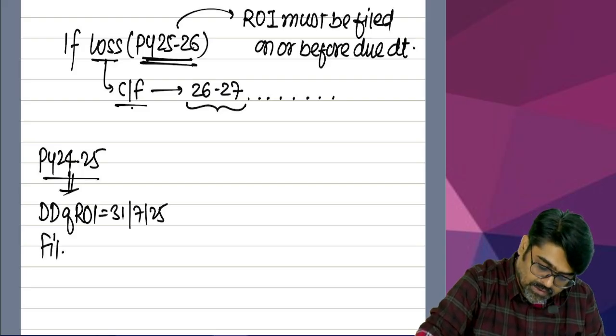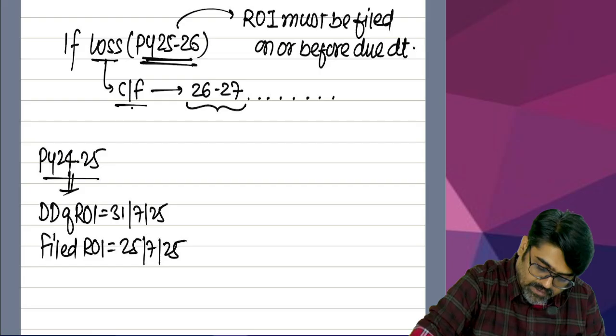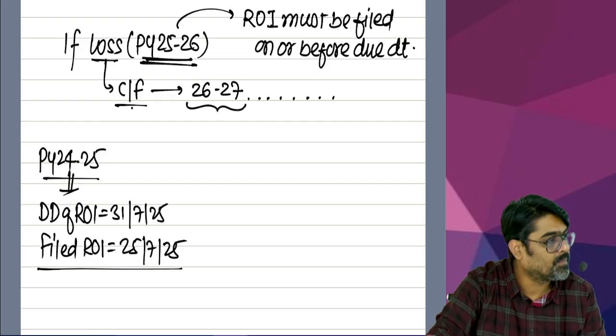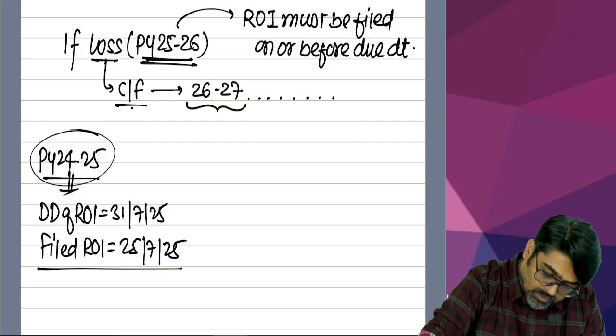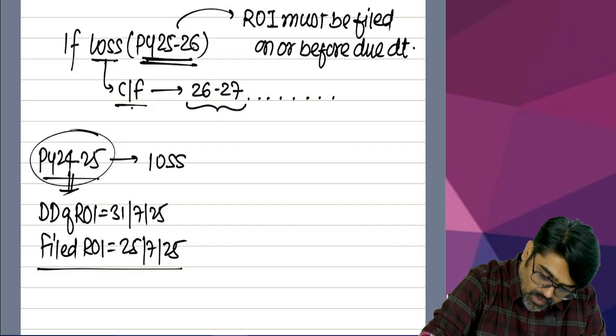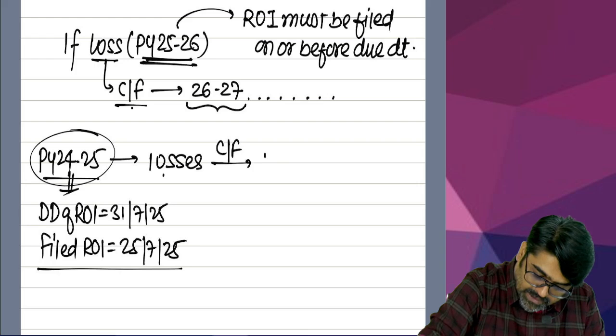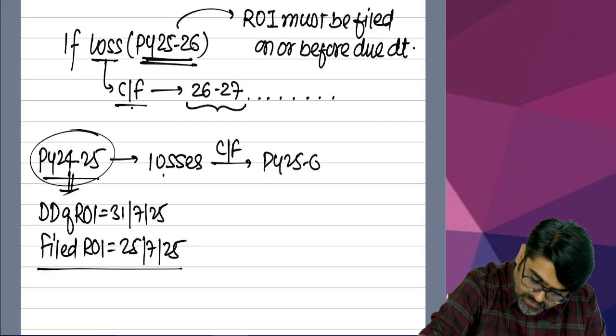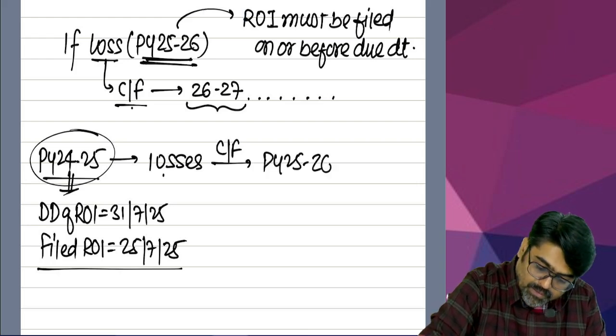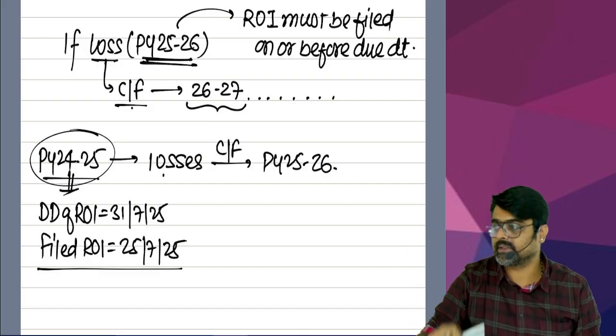When you filed your return, example, you filed your return on 25th of July 25. Did you file your return on or before the due date? Then all the losses of this year will be carried forward to next year, meaning previous year 25-26. Yes or no? So in the previous year 25-26, they will be adjusted.